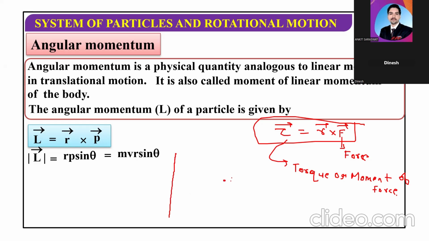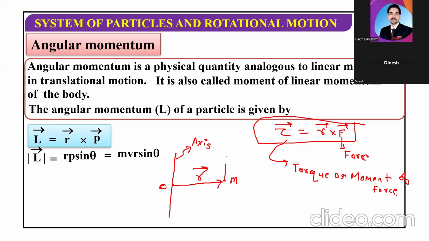What is the angular momentum of this particle about this axis? The axis passes through the center of mass, then the r vector is from the center, like this.